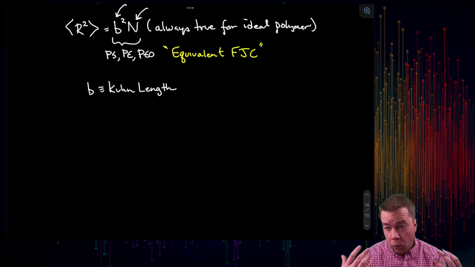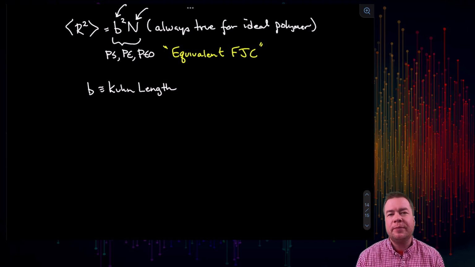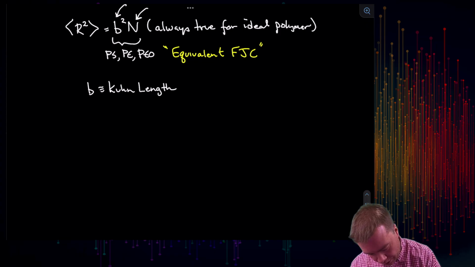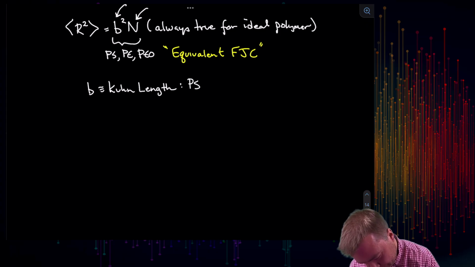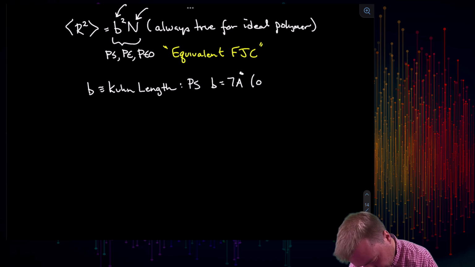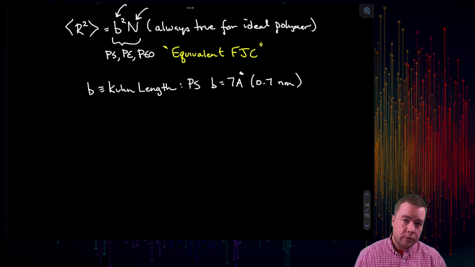So it might be one thing for polystyrene, it's going to be a different thing for polyethylene, it's going to be a different thing for polymethyl methacrylate. And in general, we just look these things up. So for example, one common value that we use is that for polystyrene, the Kuhn length is 7 angstroms, or 0.7 nanometers. There's other ones.